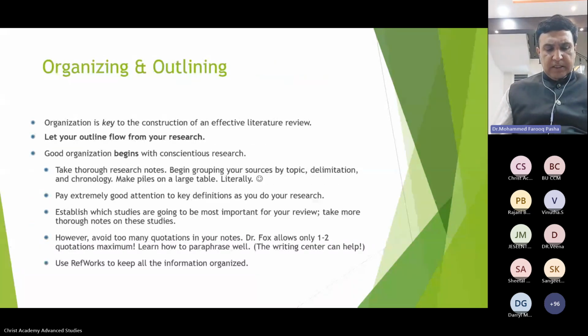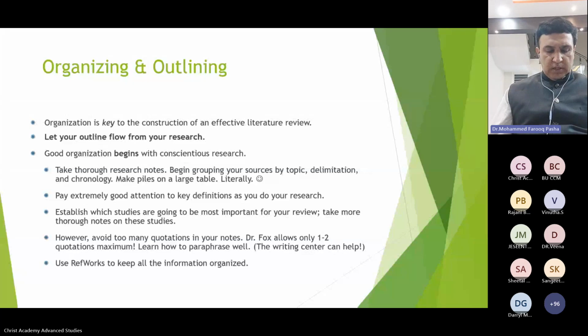Organization is key to the construction of an effective literature review. Let your outline flow from your research. Good organization begins with conscious research. Take thorough research notes. That is very important. Pay extremely good attention to the key definitions as you do research. Establish which studies are going to be most important for your review.